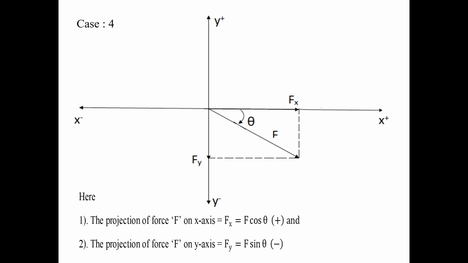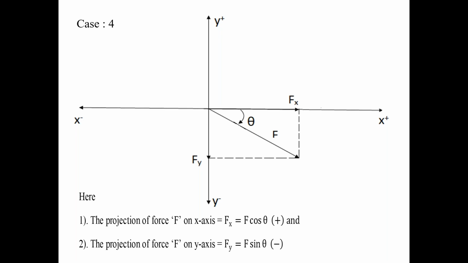Please look at them carefully. In the first quadrant, force F is making the angle theta with the x-axis. So Fx is equal to F cos theta, Fy is equal to F sin theta. Depending upon the directions, both are positive. In the second quadrant, force F is making the angle theta with the x-axis, condition 2.